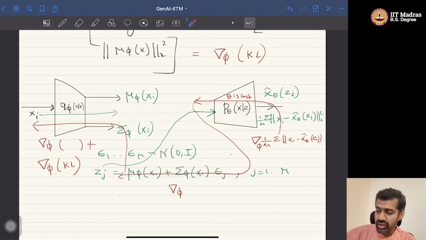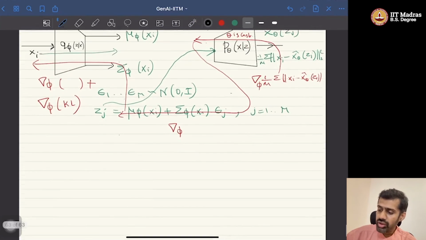So that completes it. In the forward pass, take an xi, get your mu phi and sigma phi, and get epsilons, reparameterize, pass all those z_j's through the decoder, and compute the data log likelihood. Compute the gradient with respect to the encoder parameters, backpropagate it all the way through the decoder, and now you can add the KL gradients here, and those gradients are backpropagated all the way through the input of the encoder network.